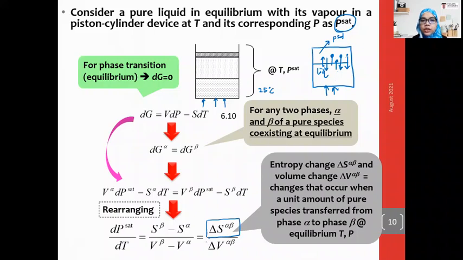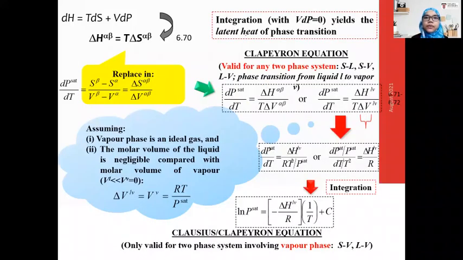From the Maxwell equation relations, entropy is categorized as an unmeasurable property, so we will try to find another correlation. Back to here, we have dH equal to TdS plus VdP. So this is the delta S alpha-beta here.